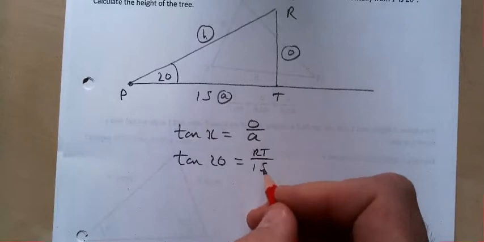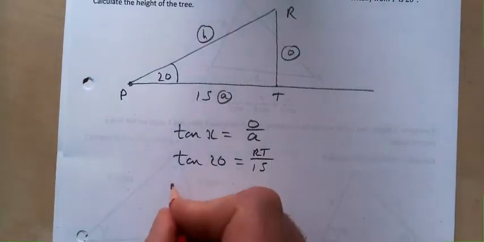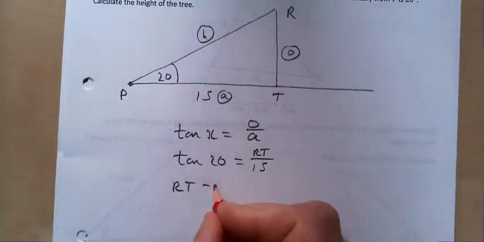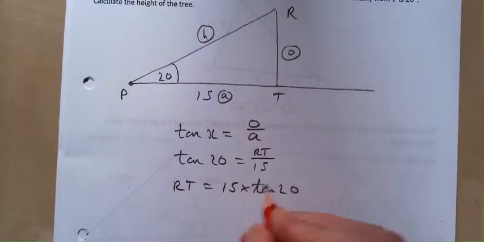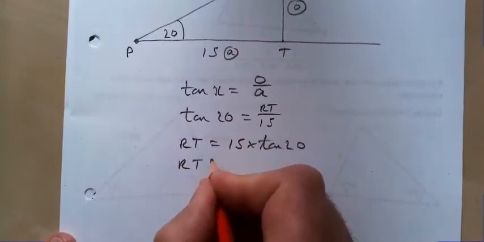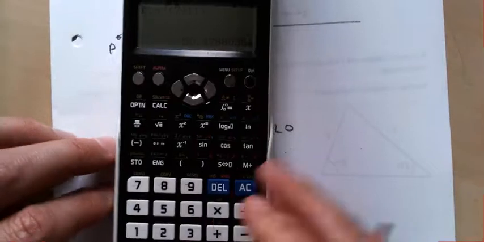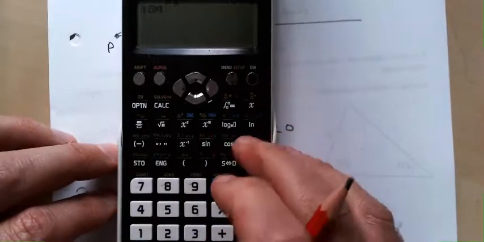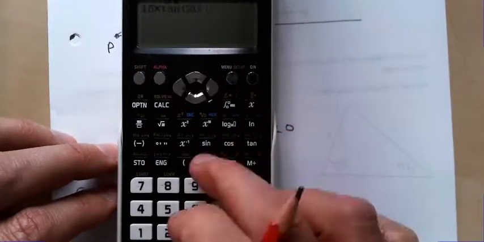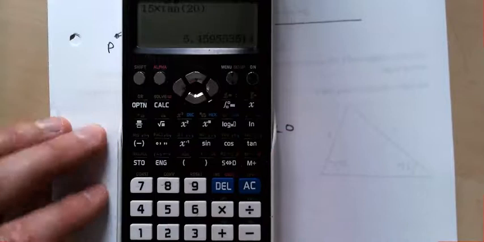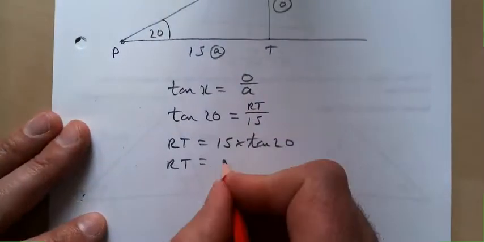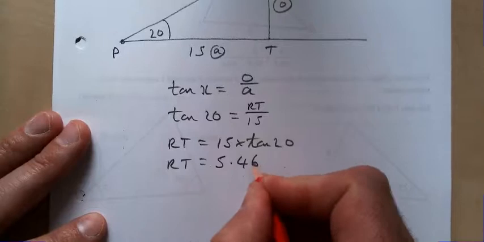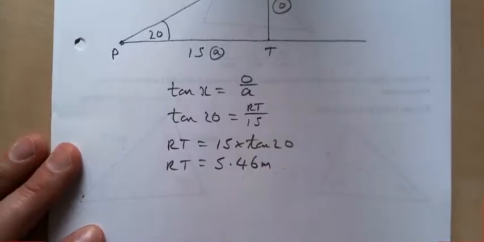How do I get the RT on its own? I'm going to multiply through both sides by 15. So my RT equals 15 times tan 20, and I get 5.46 meters, which is the height of my tree.